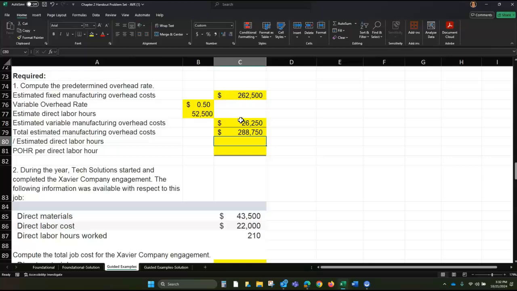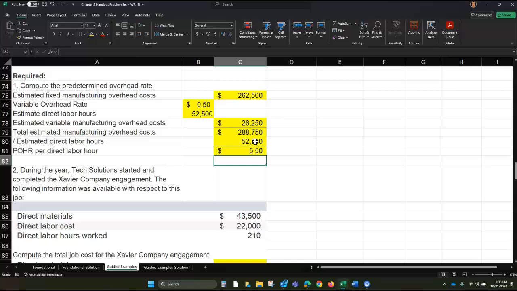All right. Then our estimated direct labor hours was 52,500, which means that our allocation rate is simply the total overhead divided by the estimated hours, which gives us $5.50 per direct labor hour.